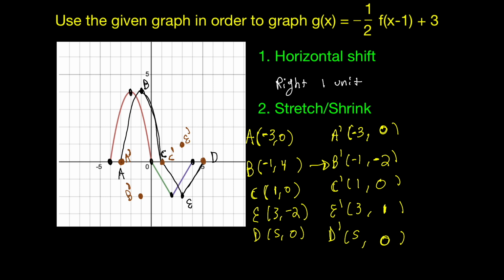And now I can connect all of these sections. Now remember that A prime, B prime, and C prime, that's the region where it's the parabola, the quadratic region. So here I've got to draw a curve. And then beginning at C prime, E prime, and D prime, I'm going to create those lines because it's linear at those 3 sections.